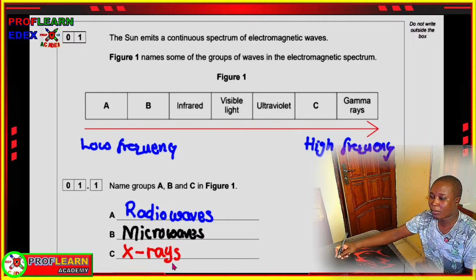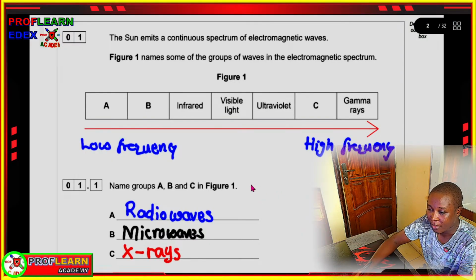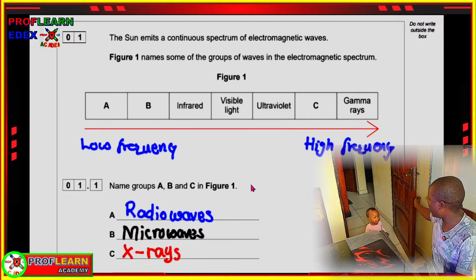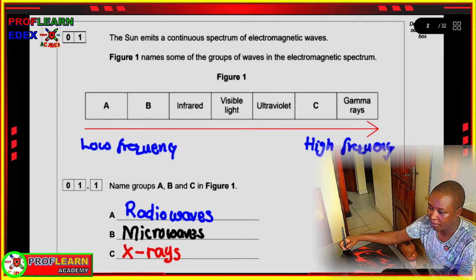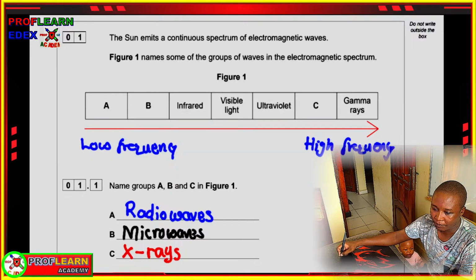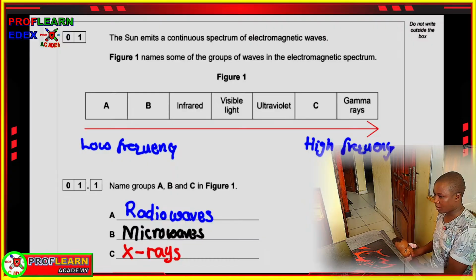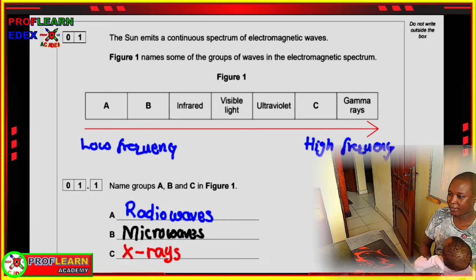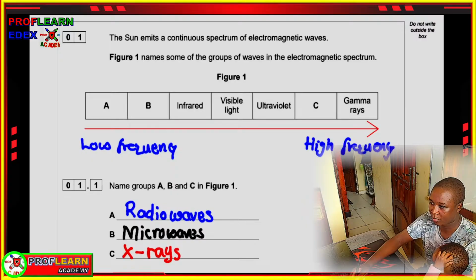You need also to remember other aspects like the common properties of all these waves that we are talking about here. So in the event you are asked a question whereby you are supposed to identify the type of missing wave, you are able to do it.